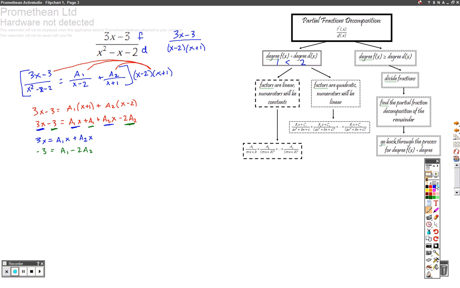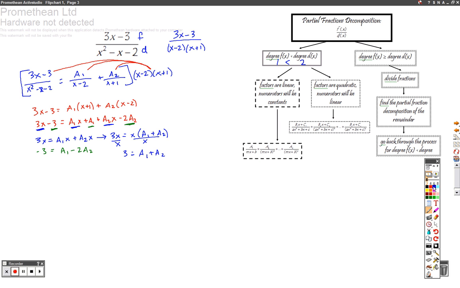Now before I go any further to solve this, I'm going to take this first one over here, and I'm going to have 3x is equal to, I'm going to factor out the x, leaving me a1 plus a2. I'm going to divide out by x and divide out by x, so 3 is equal to a1 plus a2.